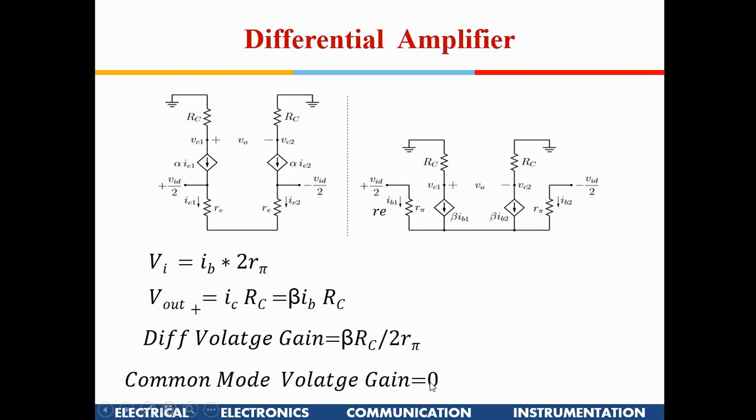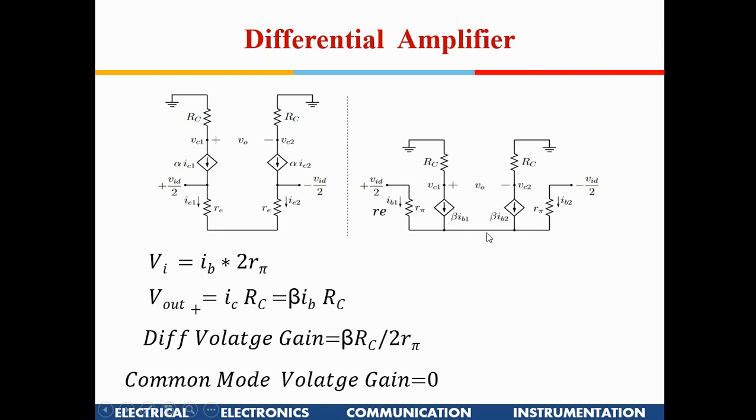What is the common mode voltage gain? It is 0. If I give the same voltage at both inputs, they are equipotential, so no current flows. IB will be 0, IC will be 0, so the output will be 0.